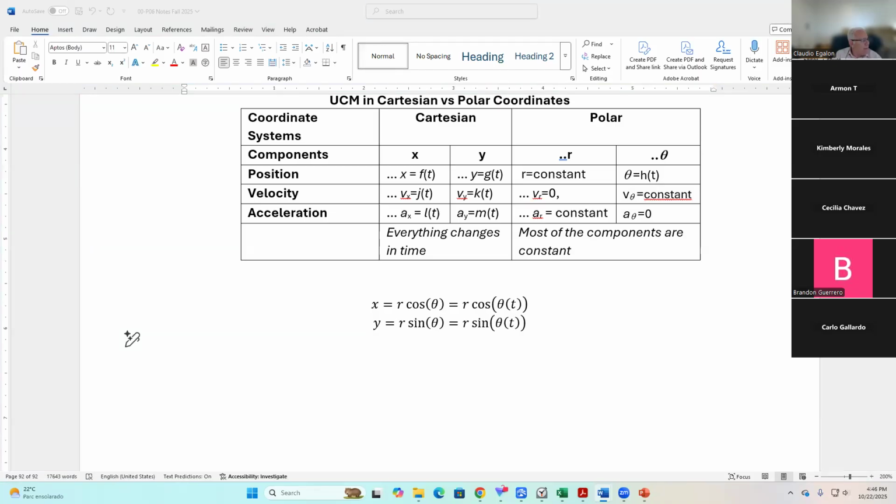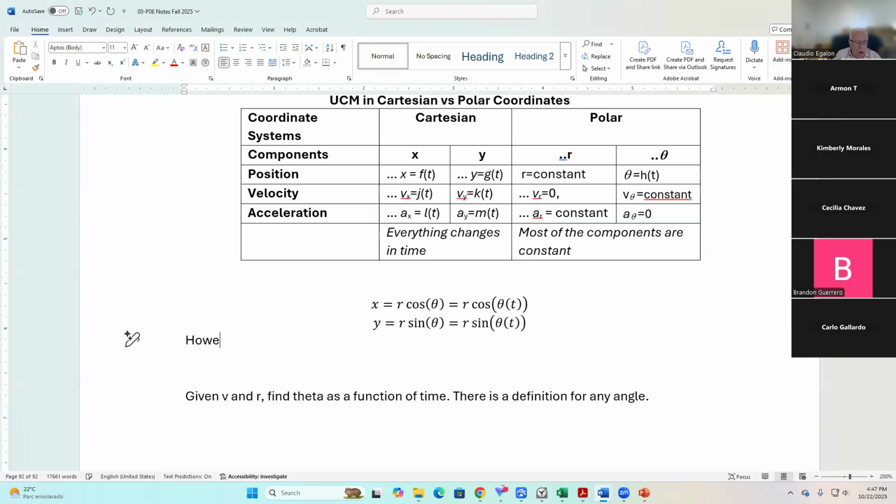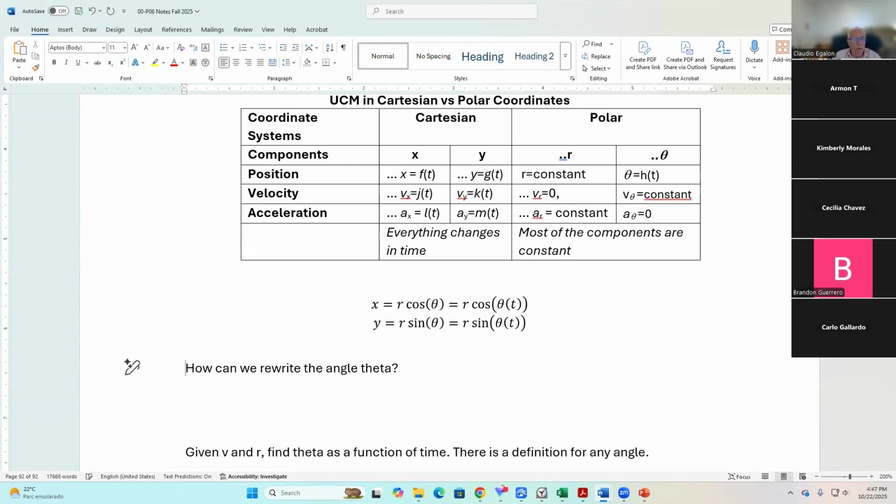We know that given V and R, we can find theta as a function of time. How can we write the angle theta?